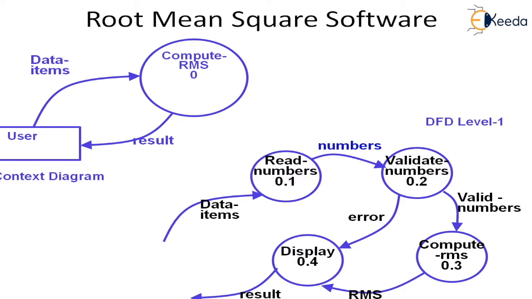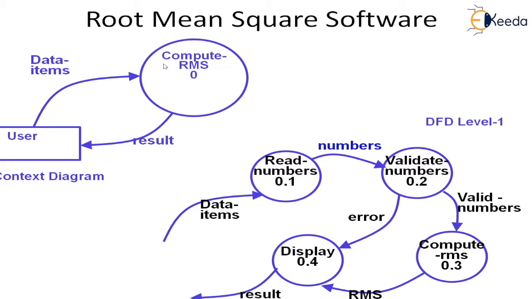The problem is that it should read some numbers provided as input, compute the root mean square and give the result. Internally it may do many other processes. If you see, this is like the context diagram. There is only one external entity, the user, and some data items will enter into the system.